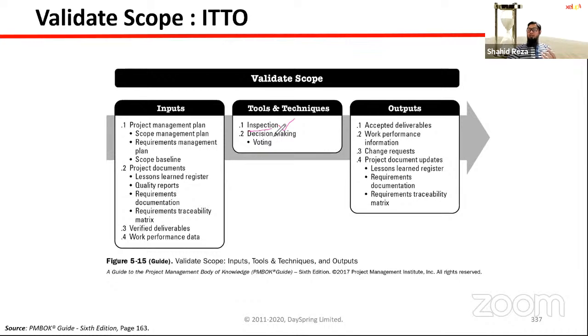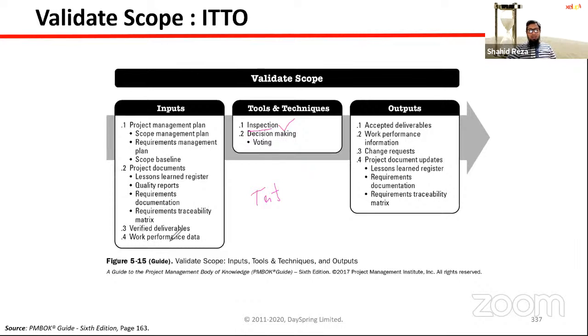In a software firm, we will say testing. In manufacturing or some other industries, it is a walkthrough, walking through the systems, and that is also inspection. There are different names in different industries, but PMI uses the common term inspection.